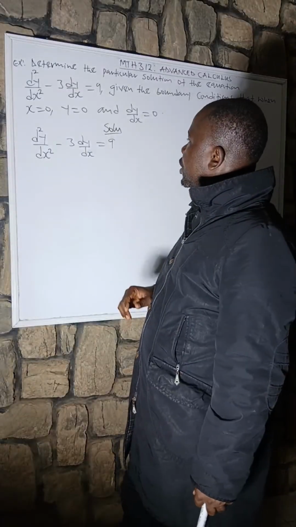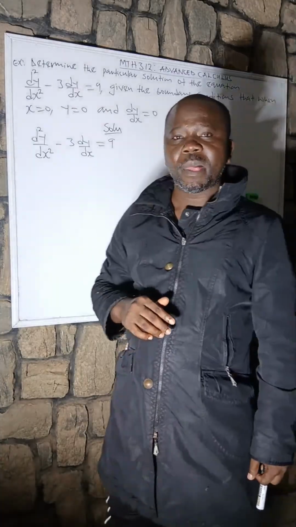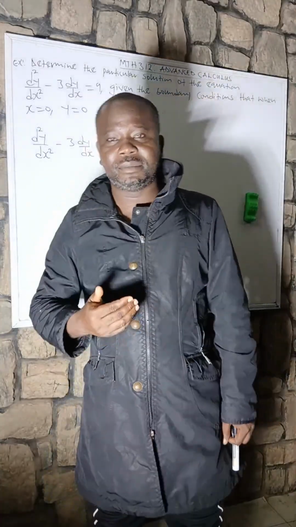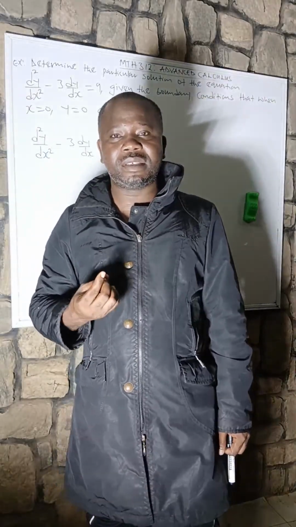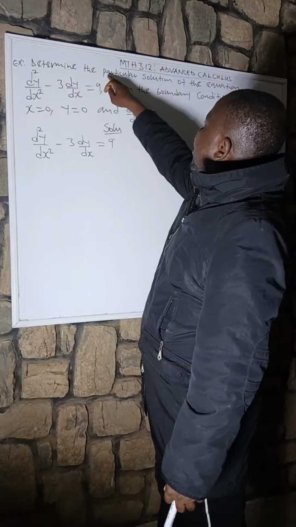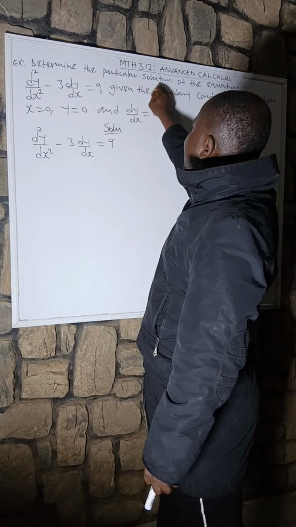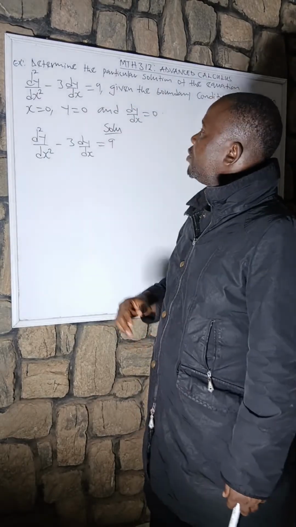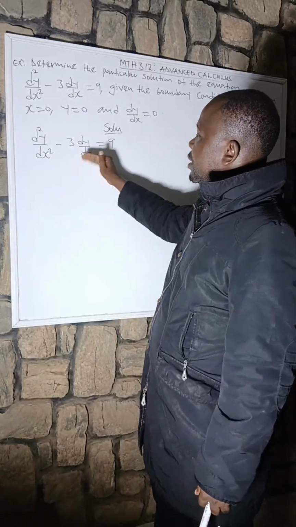So what we need to do here is find three things before we can obtain the particular solution, because the question says determine the particular solution.